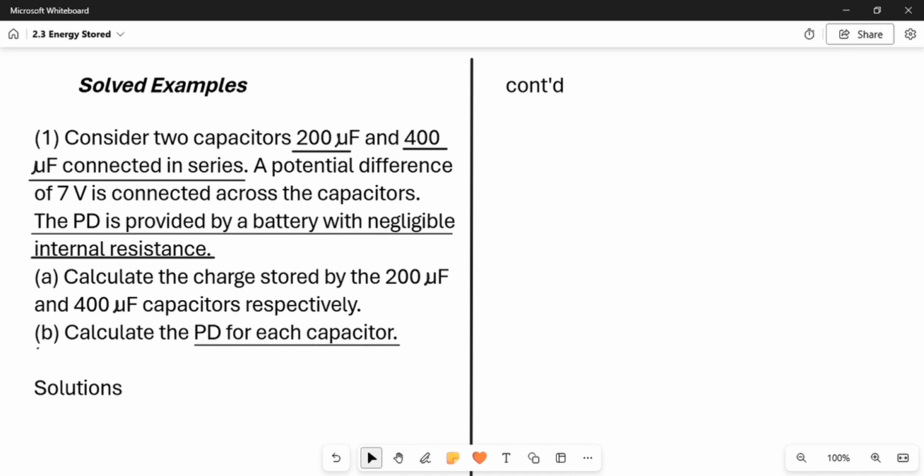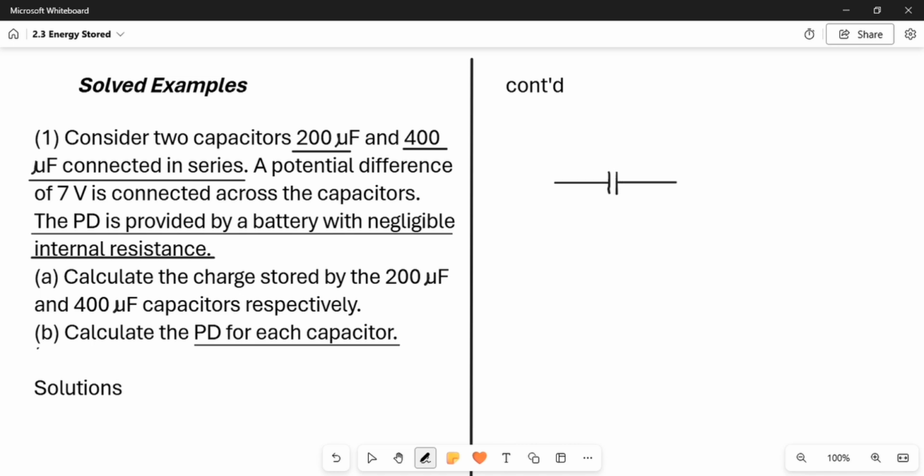Now, we have to recall that capacitors in series are characterized by the same charge flowing through. Assuming we have, let's just give a sketch here. This is a capacitor.